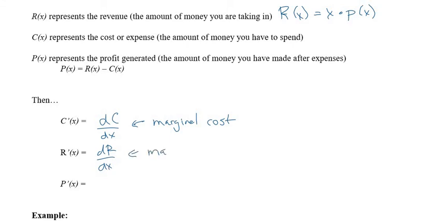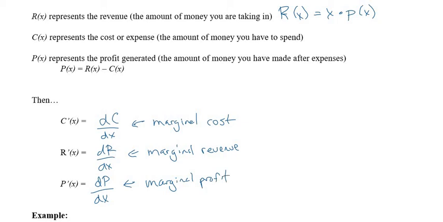And that's called the marginal revenue. And we can have the derivative for our profit function, which is p prime of x, or dp by dx. And that's called the marginal profit.